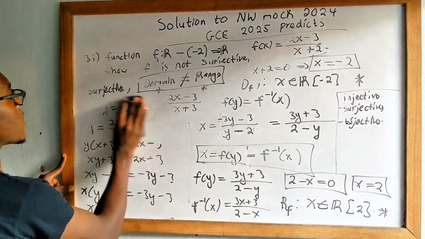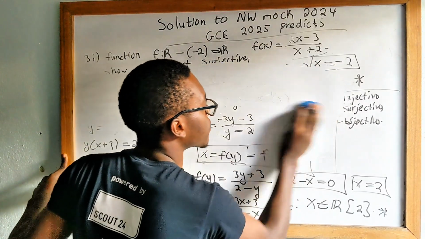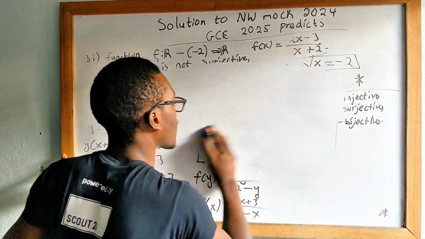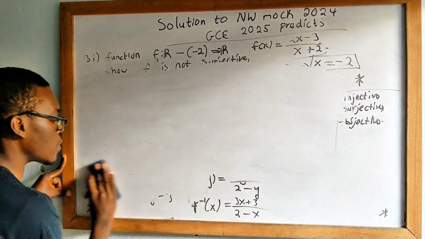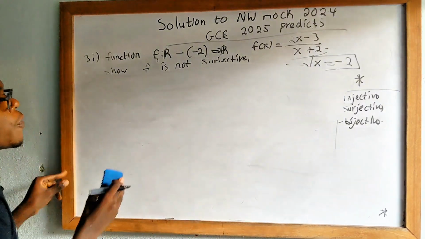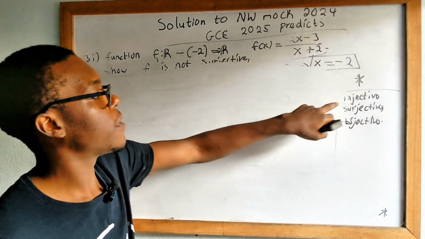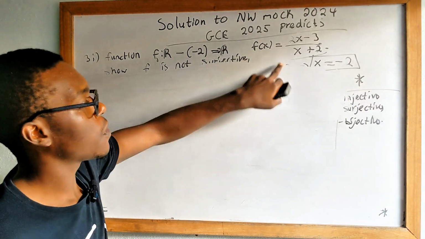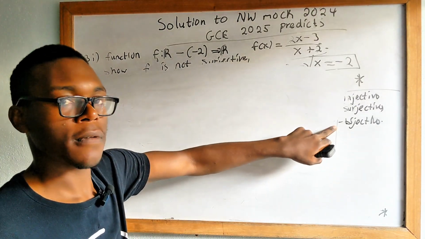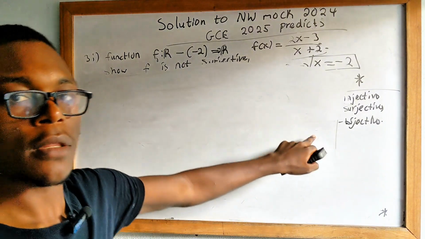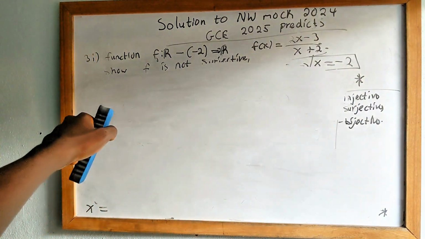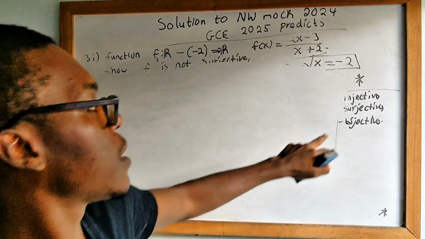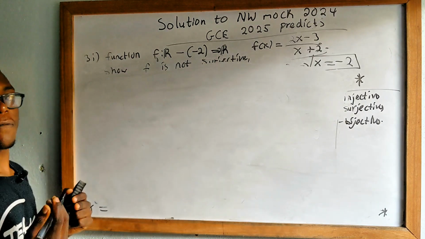Let's erase this math, because we don't know, it might come in a GCE that let's prove that this function is injective, or let's prove that this function is bijective or not, something like that.